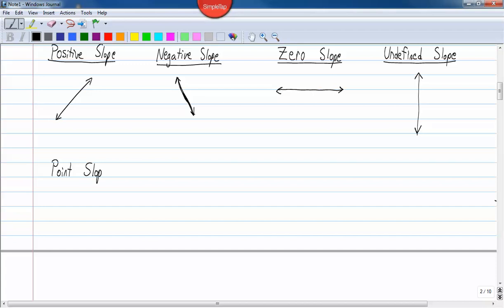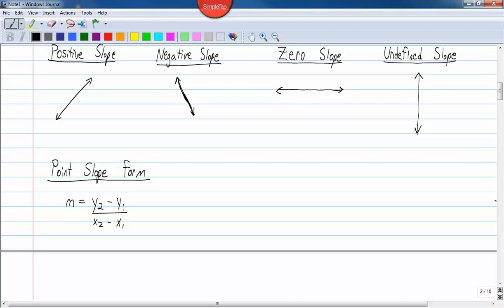The point-slope form actually comes from the formula that we use for the slope. The only difference is we rename a couple of the variables.